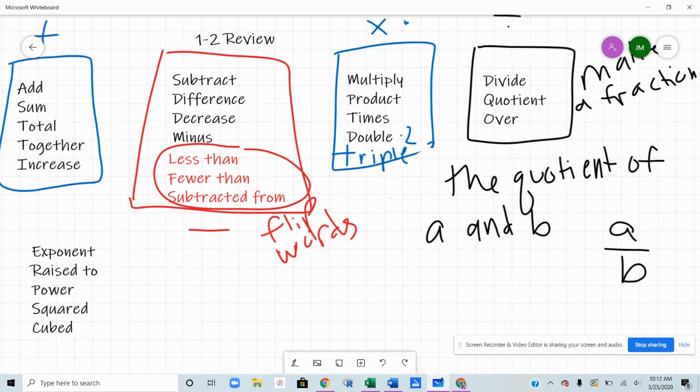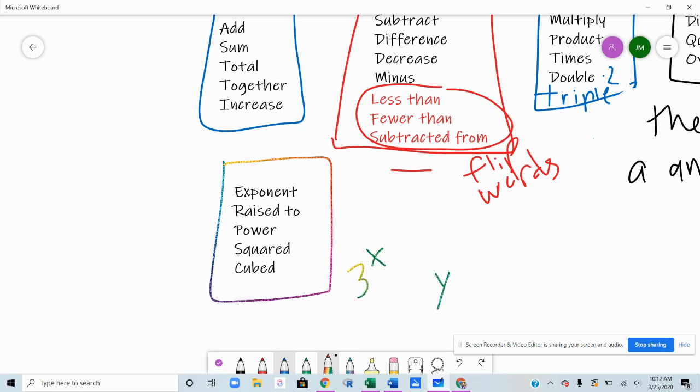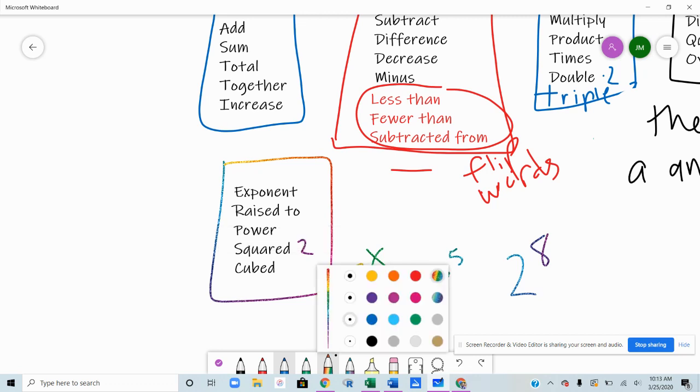The last couple over here let you know that you're going to have exponents. So it's going to be something like 3 to the x, or y to the 5th, 2 to the 8th. Those exponents up on the top. So if it says exponent, raised to, power, squared is an exponent of 2, cubed is an exponent of 3. Why is it not letting me write a 3?